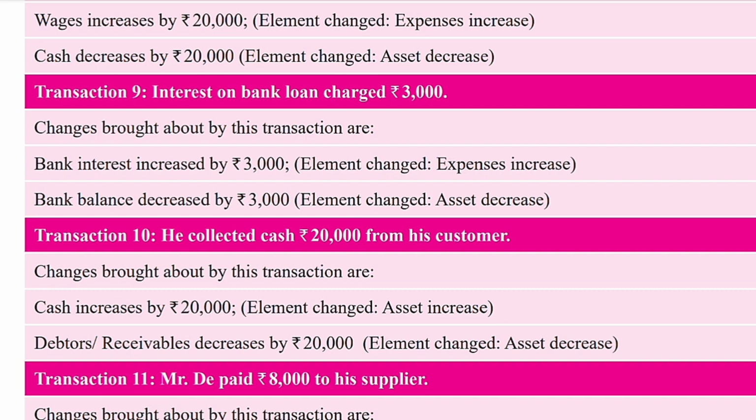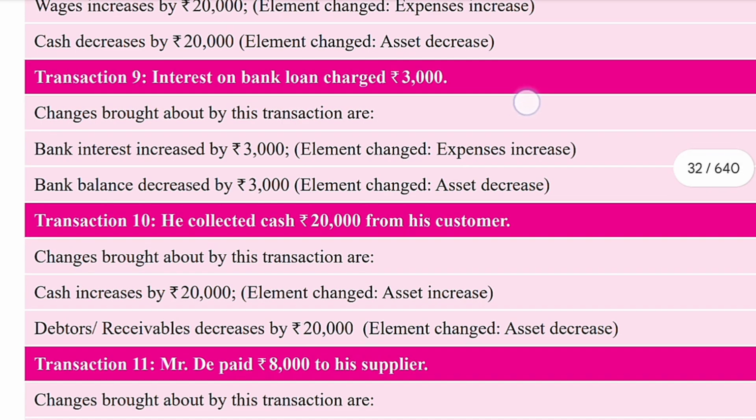Our bank account decreases as this 3,000 is being taken from it. So expense increases as well. Bank interest is an expense, so we have to debit it. And our bank balance decreases because this 3,000 is being taken from our bank account. So bank is decreasing. That means bank is an asset, so asset is decreasing.